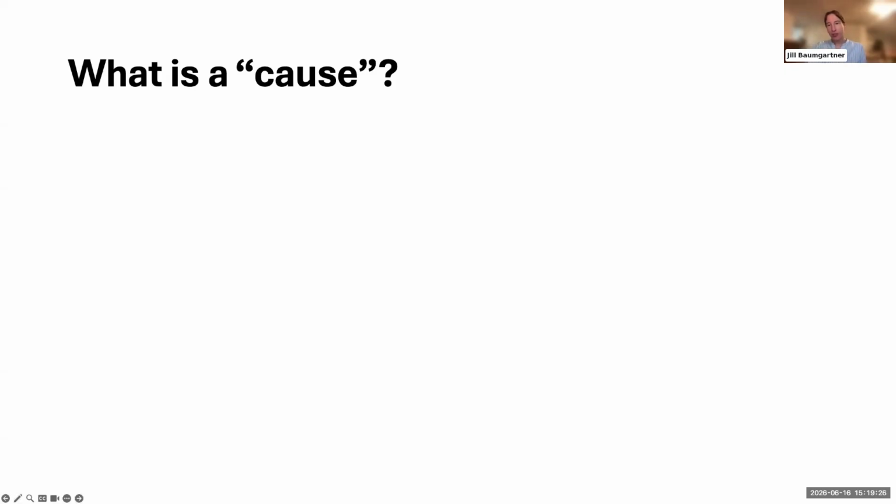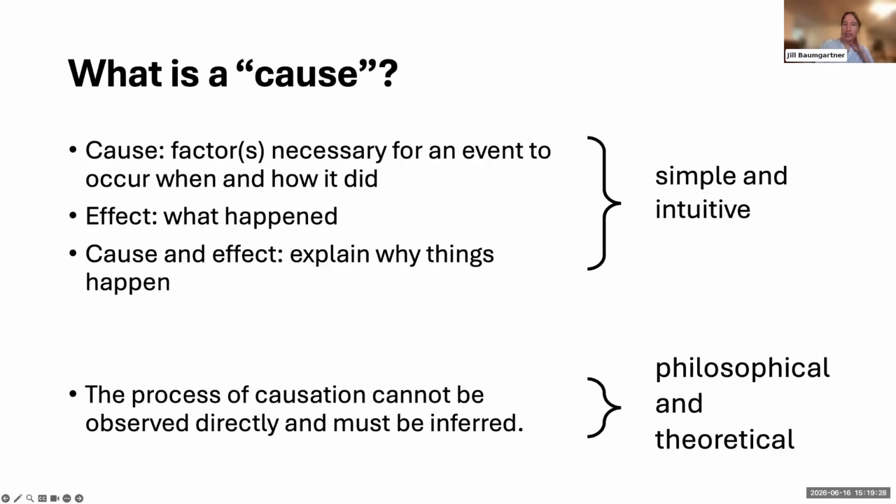So you can see that in some ways it's a really simple and intuitive idea. A cause is just a thing or things that make an event happen when and how it does. And then the effect, as I think many of you are writing about in the chat, is the result.